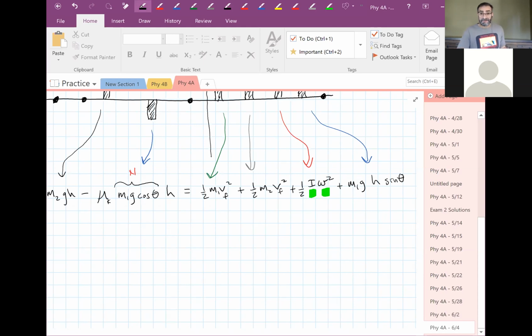Well, we can look up or calculate. We were given that it's a solid disk. We're given the mass and we're given the radius. So we can figure out what I is. That's a known. We'll talk about that more in a minute.